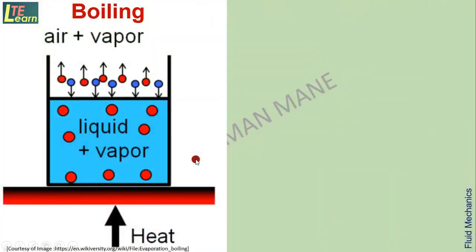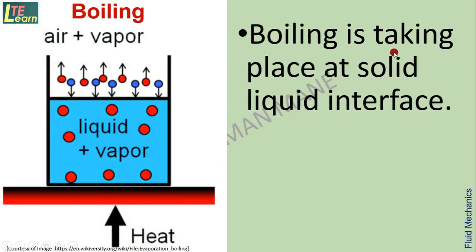Now the second concept, that is boiling. Here we see boiling is taking place at the solid liquid interface. This is a vessel which is kept on this interface, and here is the application of heat. So by the application of heat across this solid interface, when the heat is transferred, vapor molecules are forming.